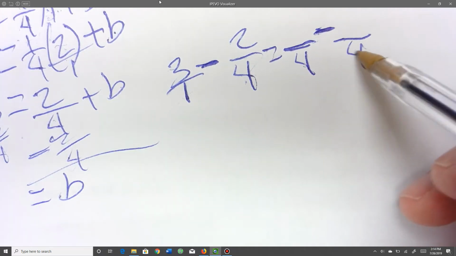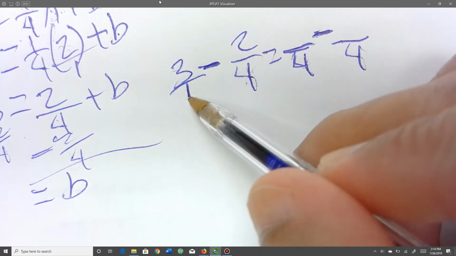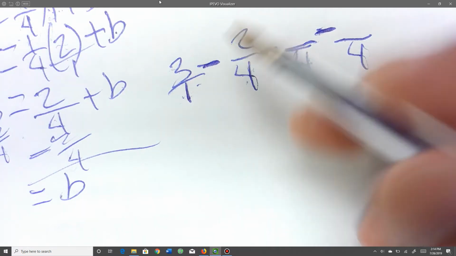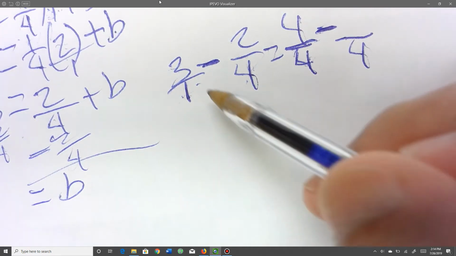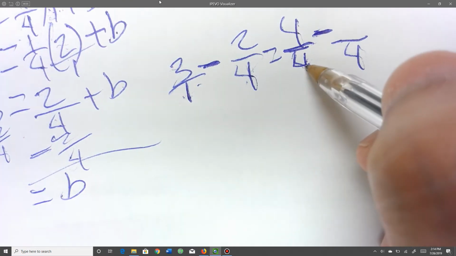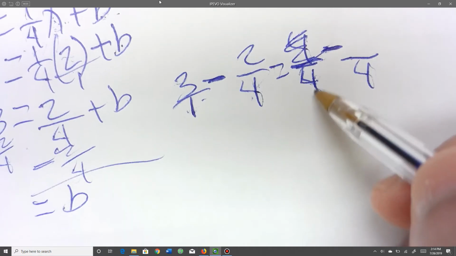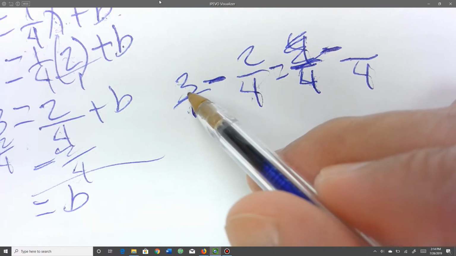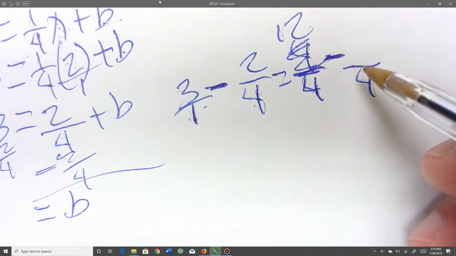So that should be your new denominator. For this first fraction, I raised the denominator by a factor of 4. Therefore, I need to raise that 3 by a factor of 4. So 3 times 4 is 12.